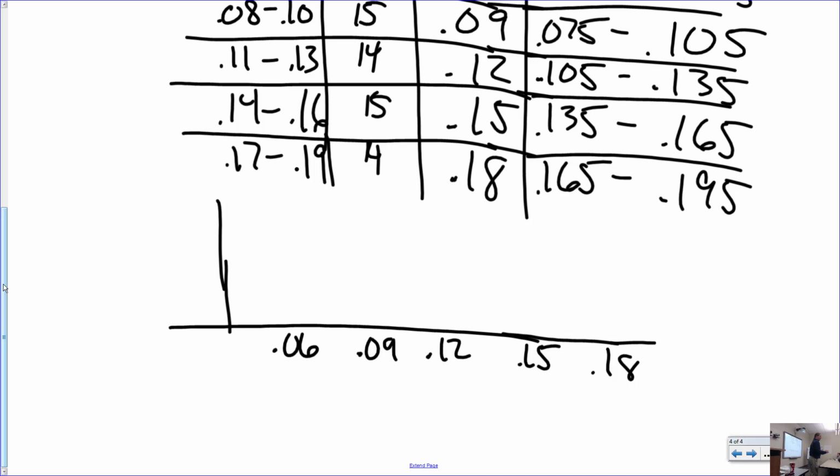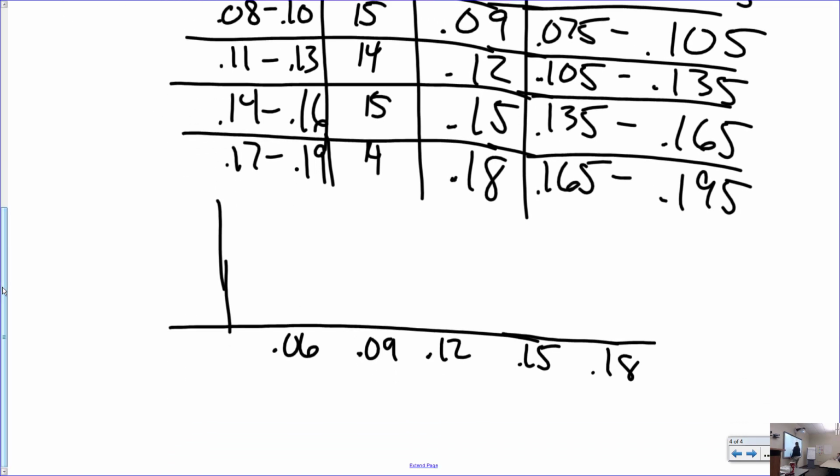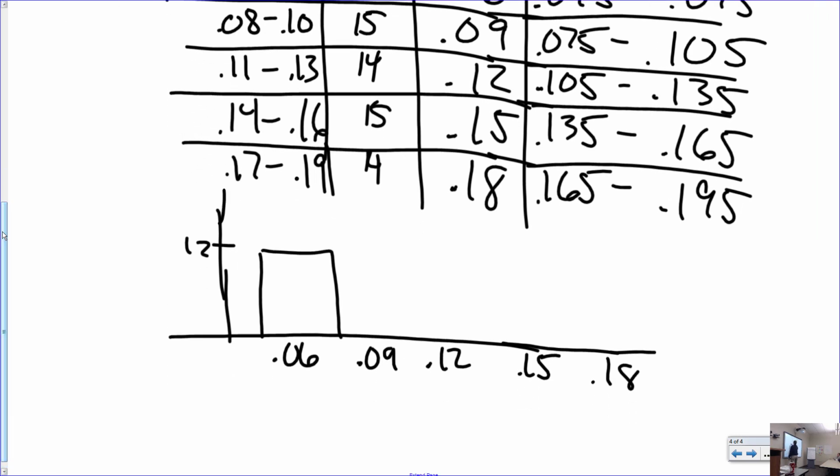So you draw your bar so that this number is in the middle of your bar. Because that's what midpoint means, right? So I need 12 of this first one, so here is 12, right? 12. The next one at 0.09, I have 15. Here's 15.